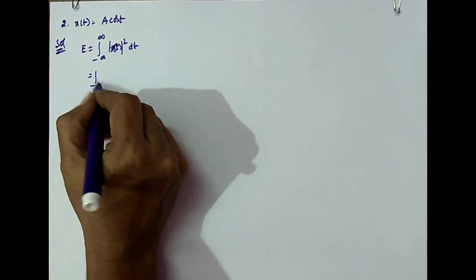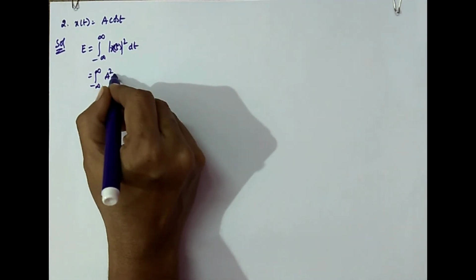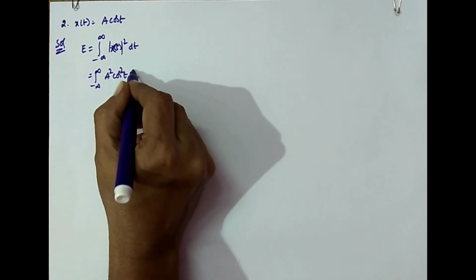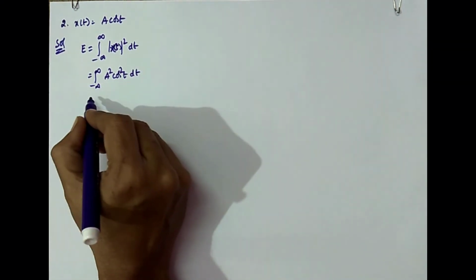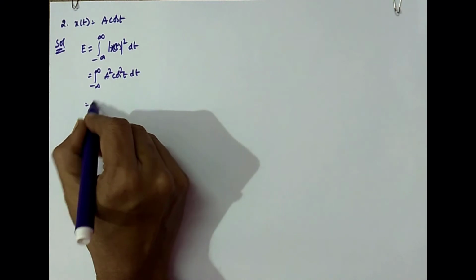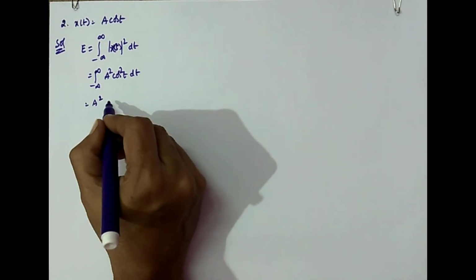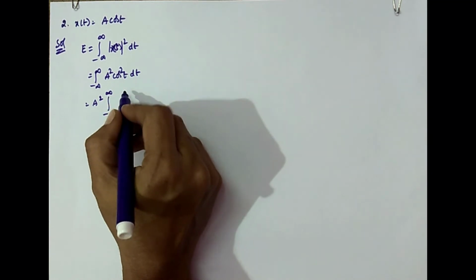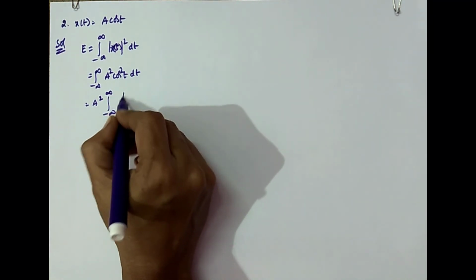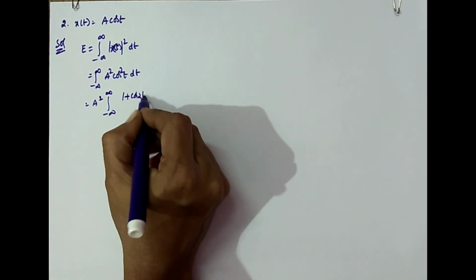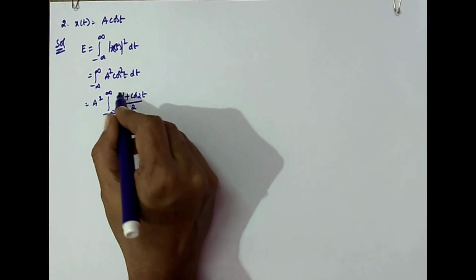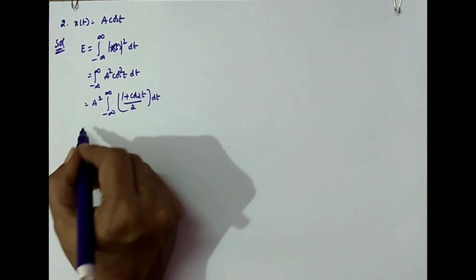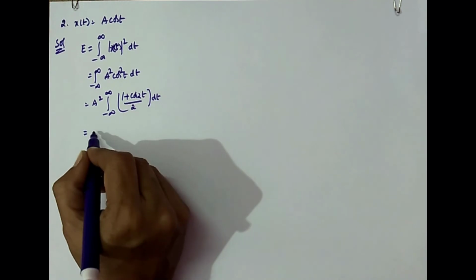So integral minus infinity to infinite a square cos square t dt. So it is a square integral minus infinity to infinite, right, 1 plus cos 2 theta by 2, like 1 plus cos 2t by 2 dt. Just do the integration.